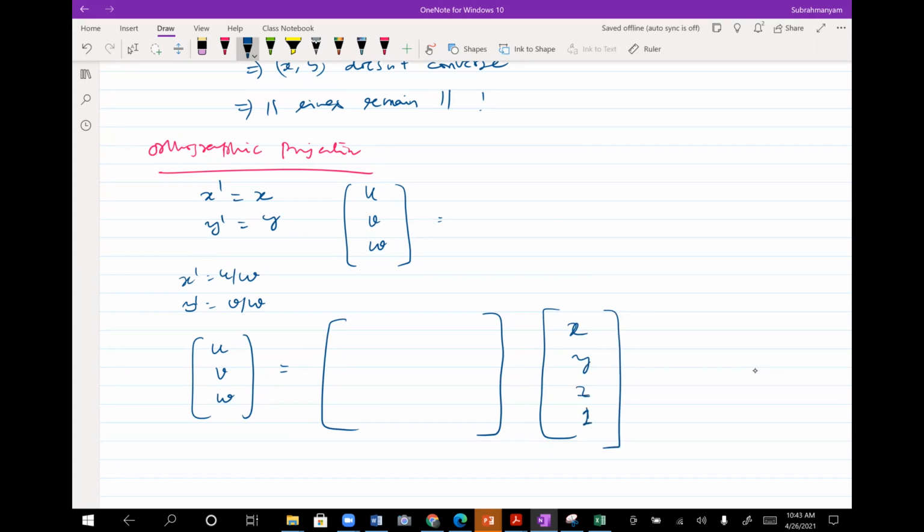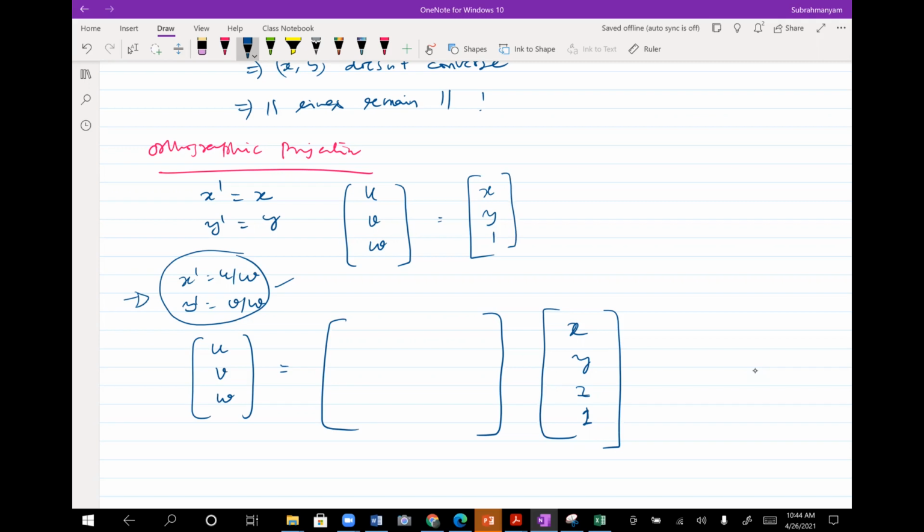Now, this UVW should give me X dash equal to U by W, Y dash equal to V by W. Can you tell me what the UVW value should be to get these things? Given UVW, this is how I compute X dash, Y dash. So how should my UVW be? That should be equal to X, Y, 1. Right, that's all.